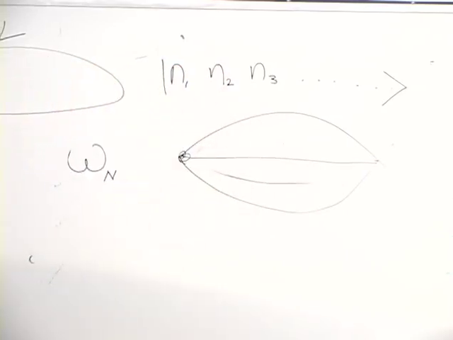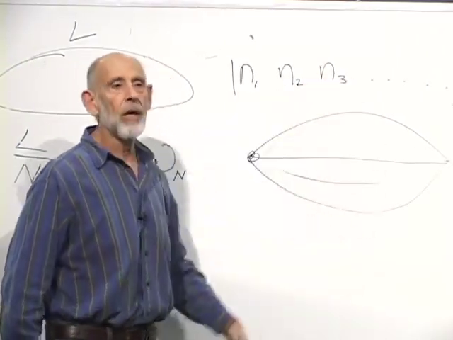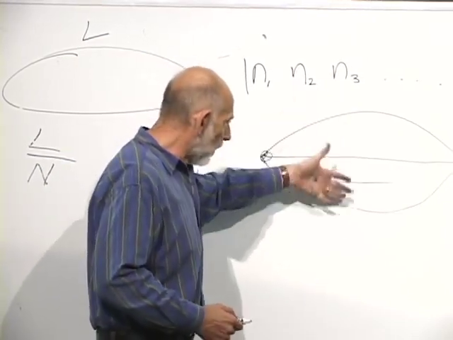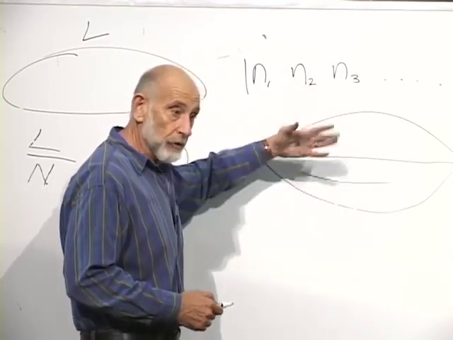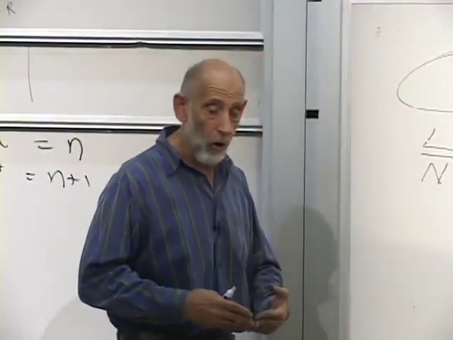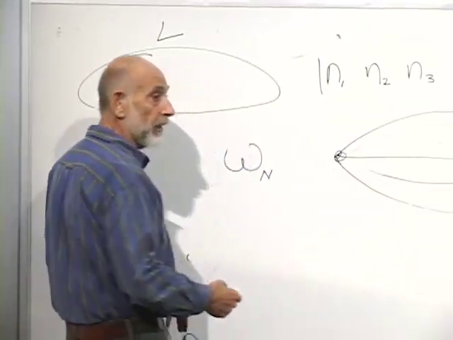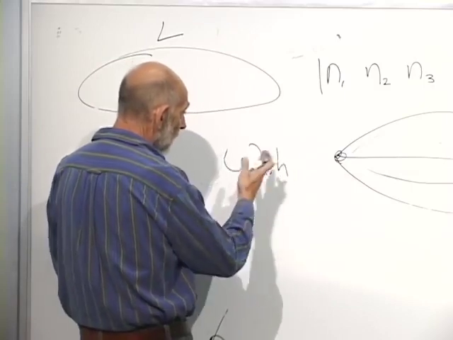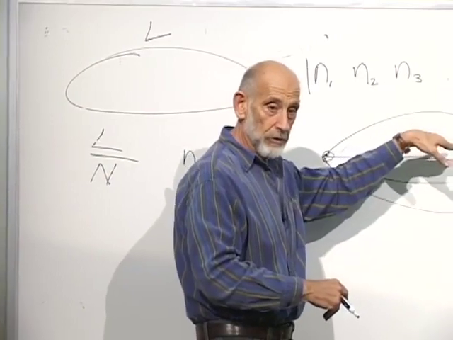If we forgot everything else and just thought of this as a simple harmonic oscillator oscillating back and forth, we could say that the energy level of the system is just one, possibly no excitations, 1 unit of excitation, 2 units of excitation, 3 units of excitation. And how much would each unit of excitation cost? It would cost an energy which was the frequency of that particular note, omega, times h bar, times the number of oscillations with that frequency.